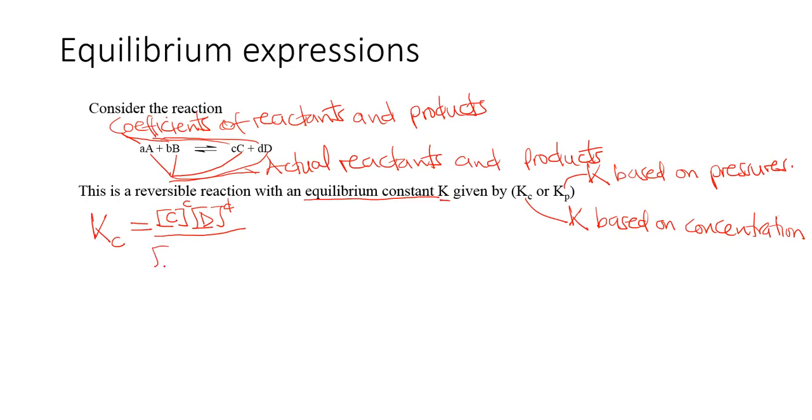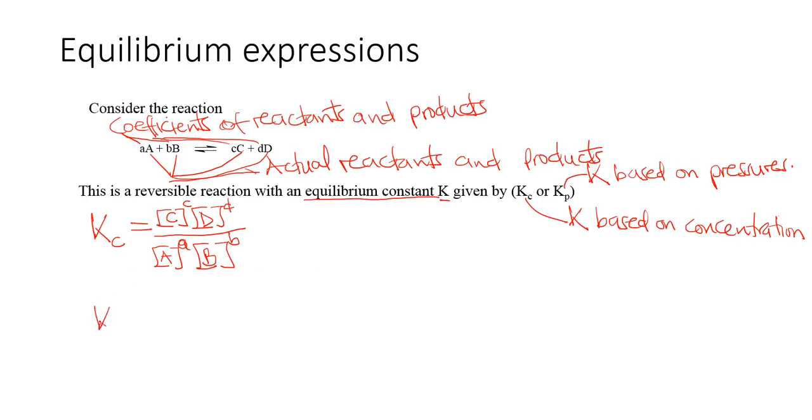Divide by the concentration of the reactant to the power the coefficient of that reactant, that is small a, times the concentration of the other reactant to the power the coefficient. So products always on top, reactants are in the bottom. So this is the Kc.